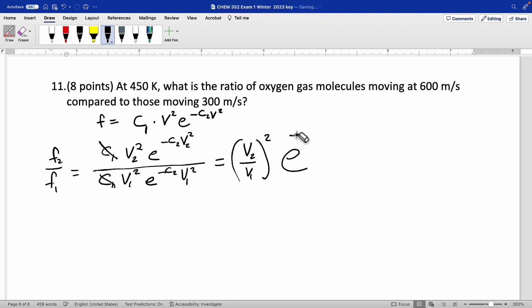So the upper exponent is minus C2 V2 squared, and then we're going to take this minus C2 V1 squared, and we're going to subtract it from the top, so we're going to lose that negative sign. Okay, so we could write this a little more neatly by pulling out the C2.